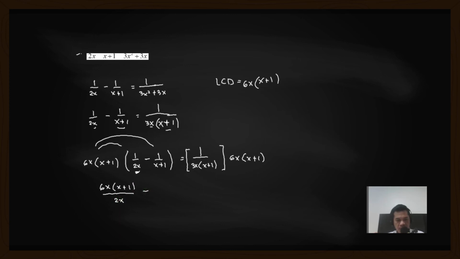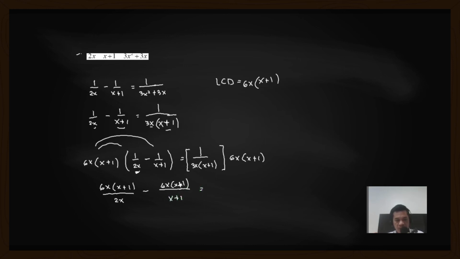And then minus. Multiply naman natin itong 6x or the LCD to 1. So 1 times the LCD, we have 6x, x plus 1. Okay, step by step tayo ha, para masundan talaga. And then, this is plus 1. Okay? And then, copy the denominator, x plus 1.